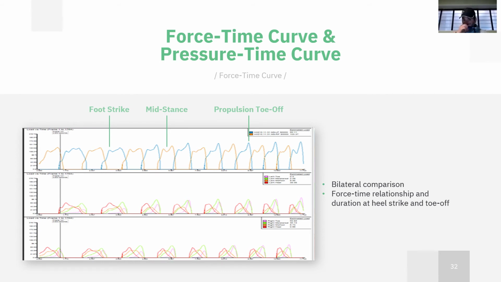Also, we can look at how the risk of injury can increase if the first peak representing impact forces is going to reach a higher level with respect to the second peak. In a normal strike, the first peak should be lower than the second peak.